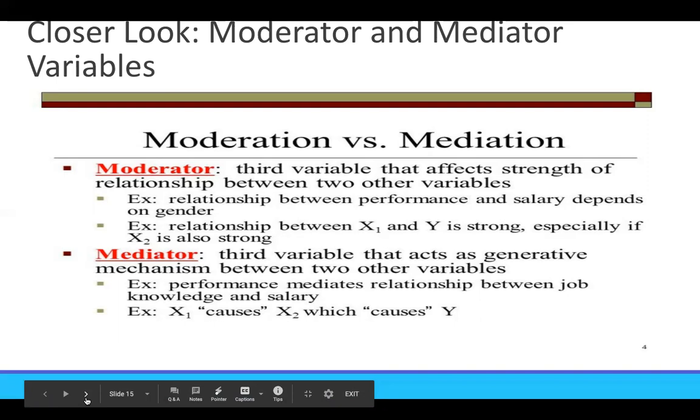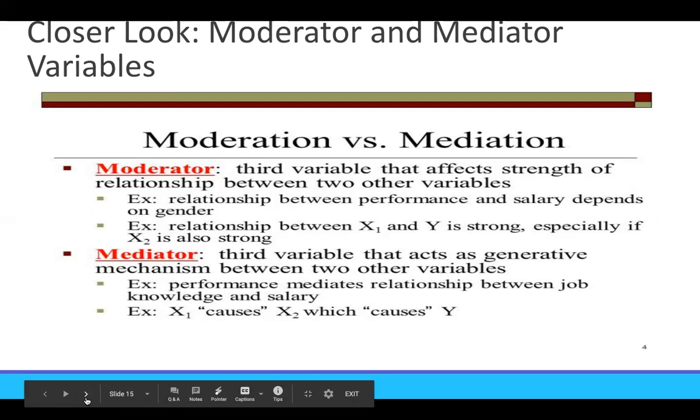The idea being that your gender maybe impacts how people view your performance, and therefore impacts what salary they offer you. It might moderate that relationship, so that being a high performer and being male might lead to much higher salary than having a high performance but being female.